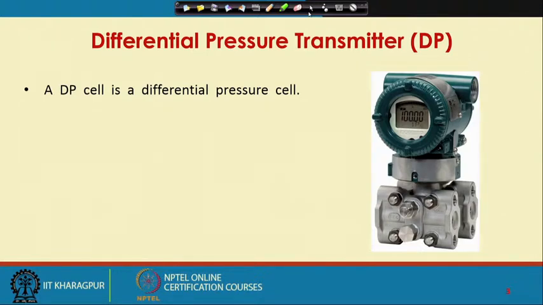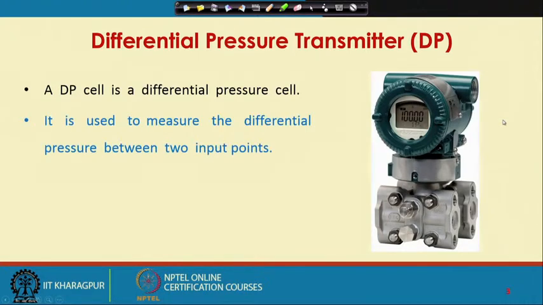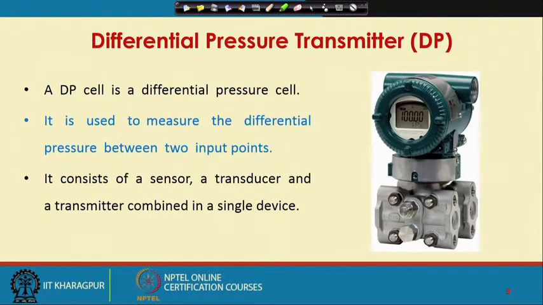So, you will see here that there will be connections for two different pressure sources. A DP cell is used to measure the differential pressure between two input points. It consists of a sensor, a transducer and a transmitter combined in a single device.